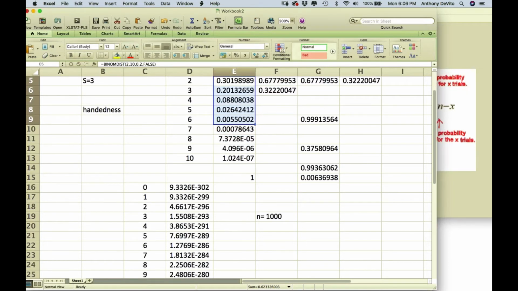So I wound up with a distribution that had a lot of frequency in the middle, and fewer outcomes as you got further away from the most likely outcome. That's our bell-shaped curve that we started to talk about, our normal distribution. In this case, it's called a binomial distribution, but it's the same idea.